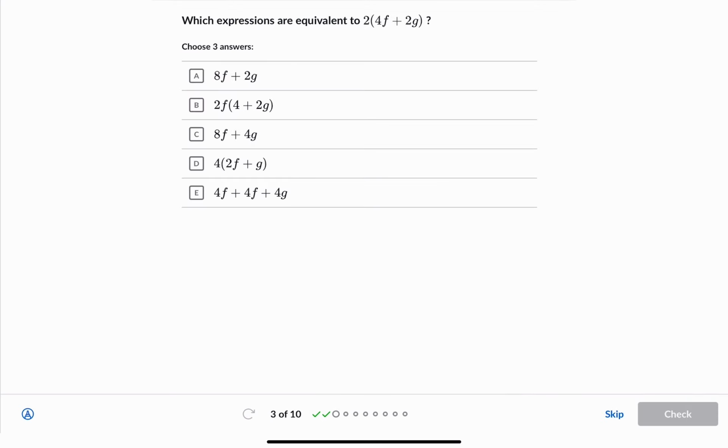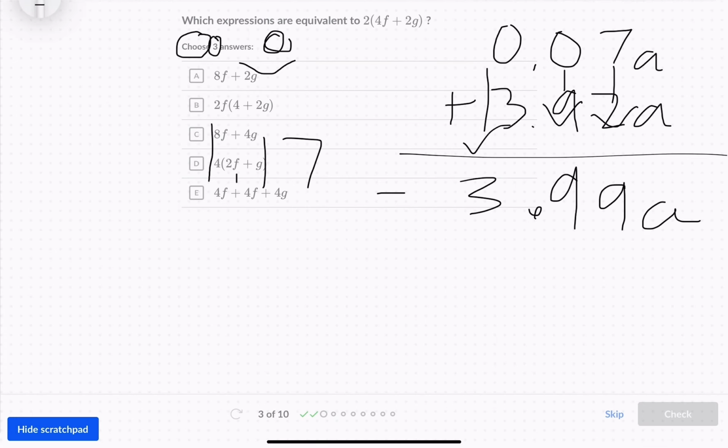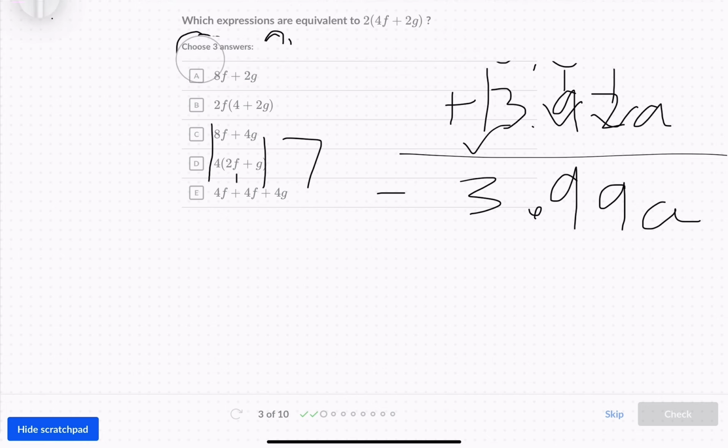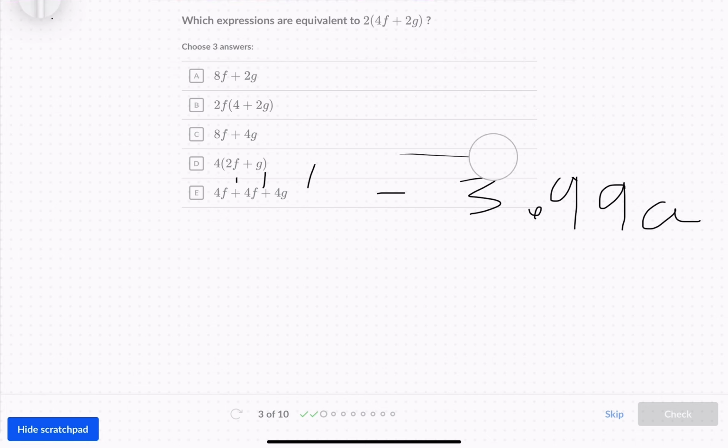Okay. Our next question, what expressions are equivalent to 2 times (4f plus 2g)? So let's just erase all of that.